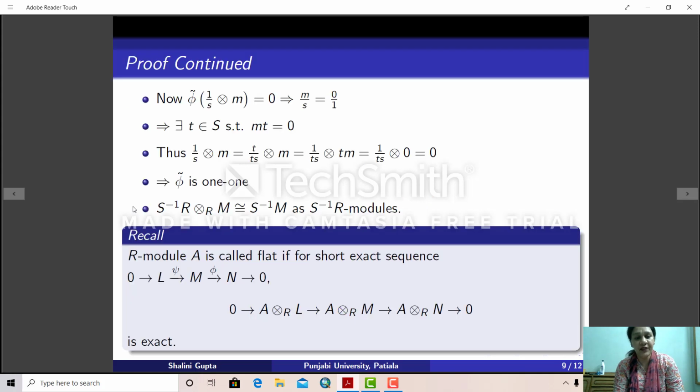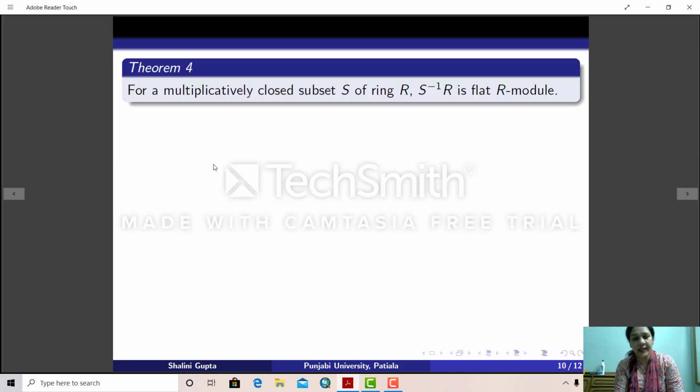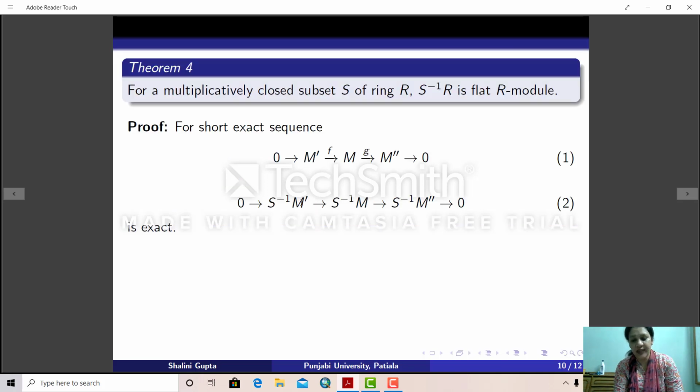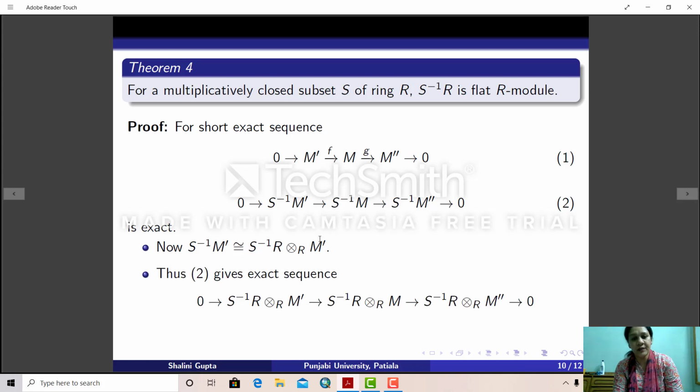Now, by the previous isomorphism, we get that S inverse M dash is isomorphic to S inverse R tensor M dash over R, S inverse M is isomorphic to S inverse R tensor M over R, and similarly this. So thus 2 becomes 0 to S inverse R tensor M dash over R to S inverse R tensor M over R to S inverse R tensor M double dash over R to 0. That is, S inverse R will be a flat R module.